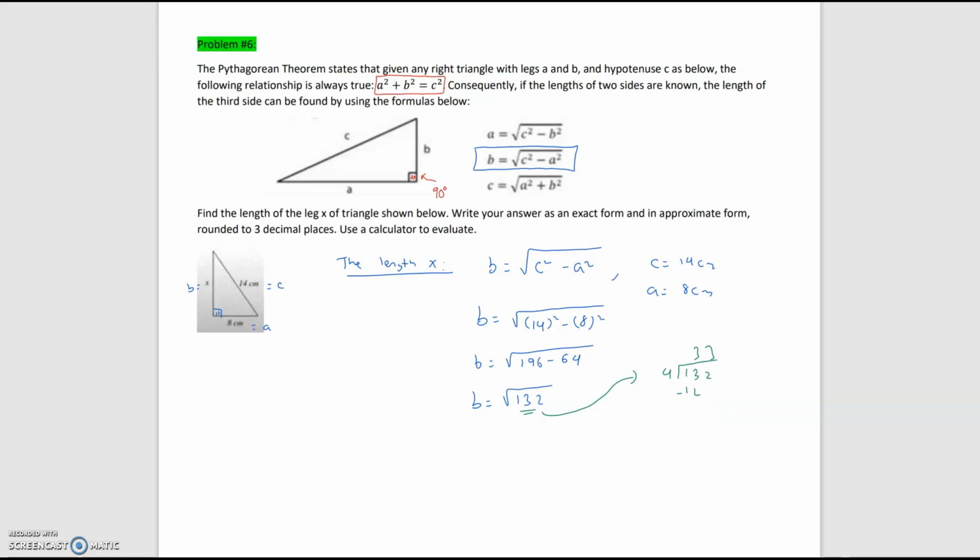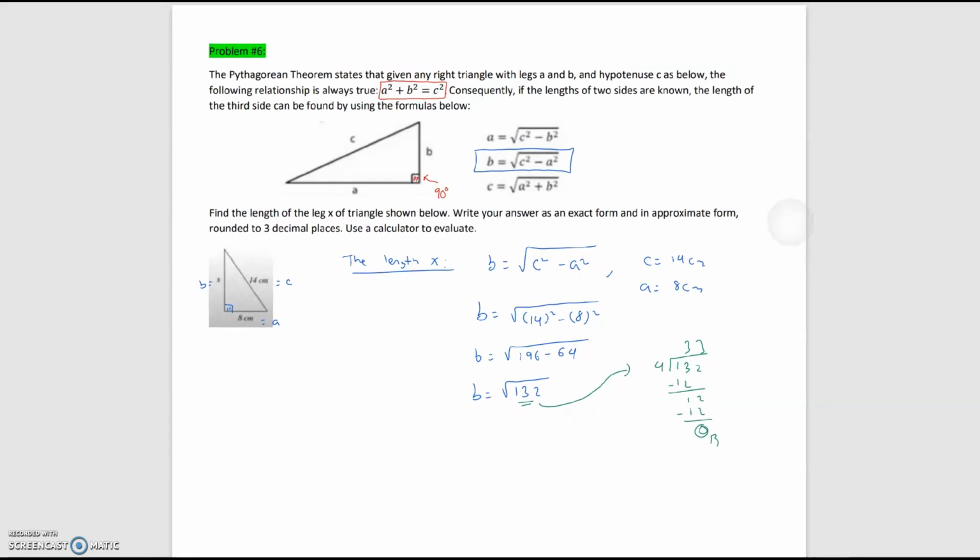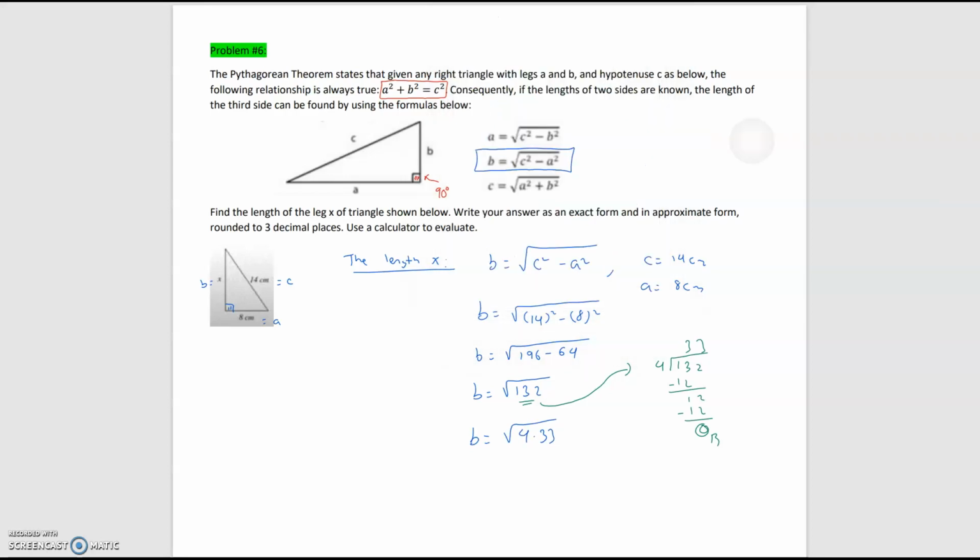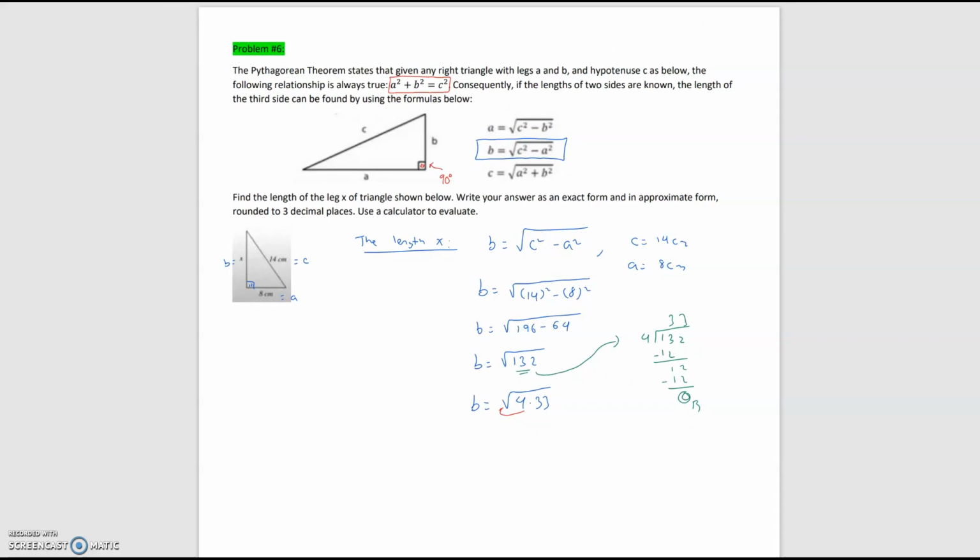Let me just rewrite this one. So the value of B is equal to the square root of 4 times the value of 33, and this allows us to take out the square root. So the exact answer, B is equal to 2 square root of 33.